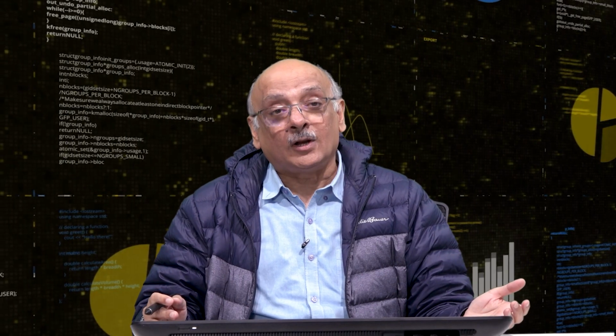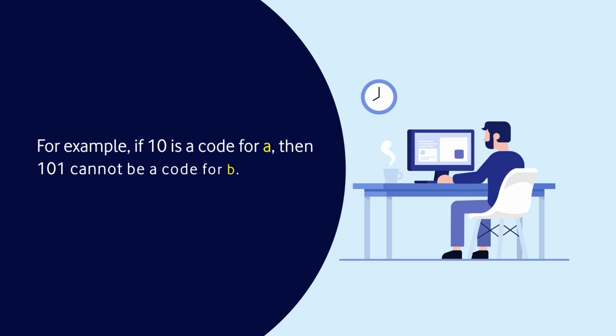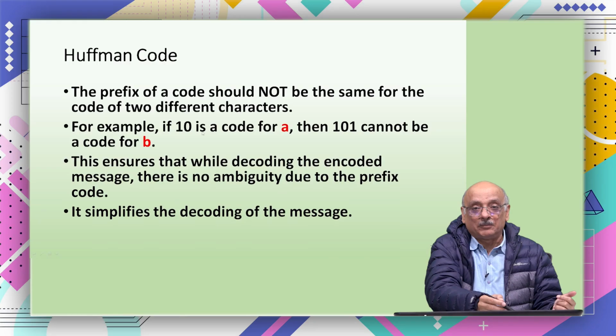Now, if we are trying to define Huffman code, since we want it to be unambiguous, the prefix of a code should not be the same for the codes of 2 different characters. So, the prefixes of codes should be different. For example, if 10 is the code for A, then 101 cannot be a code for B. Why?